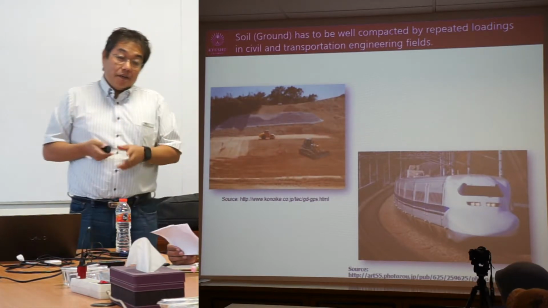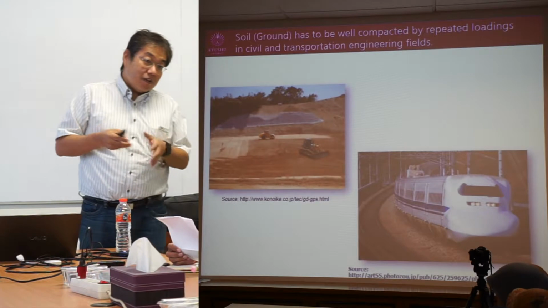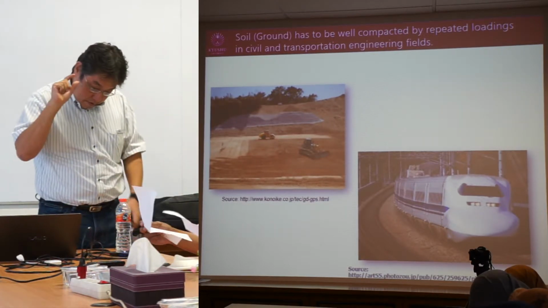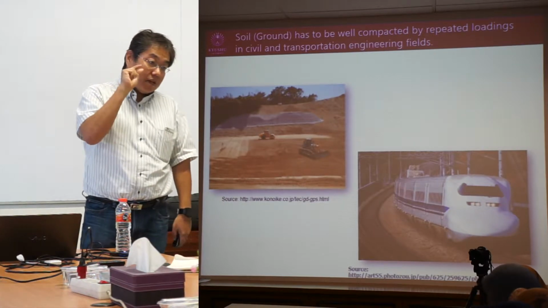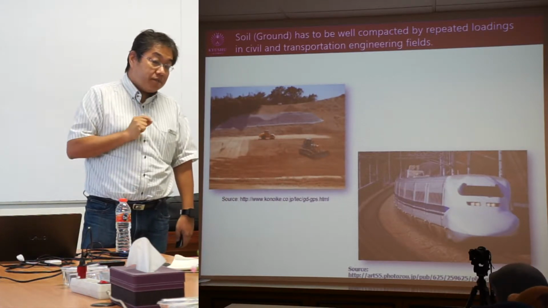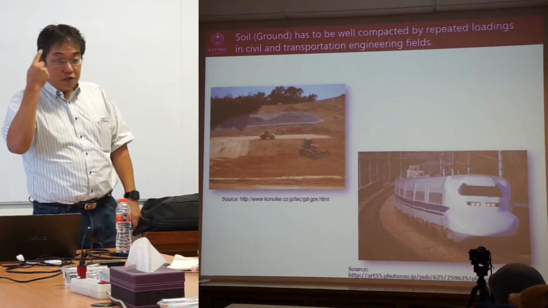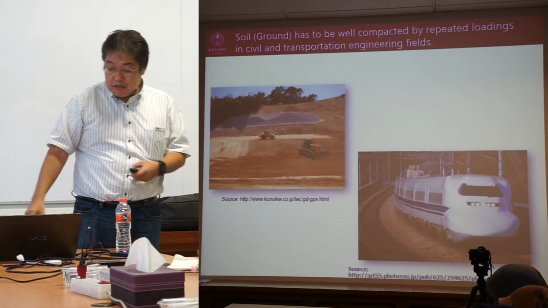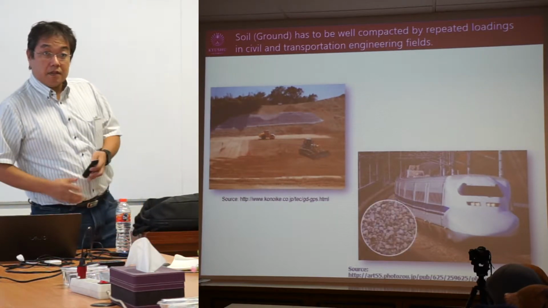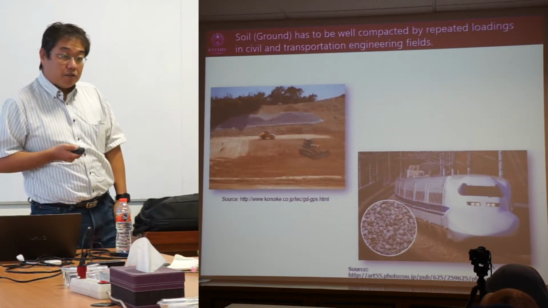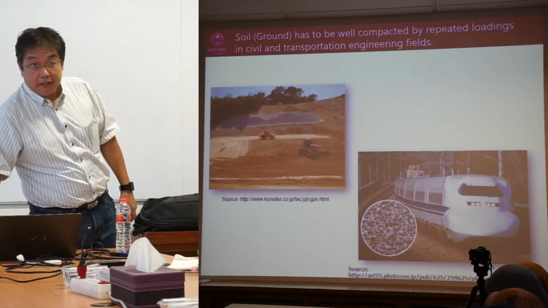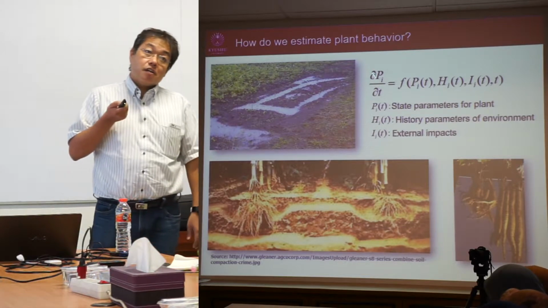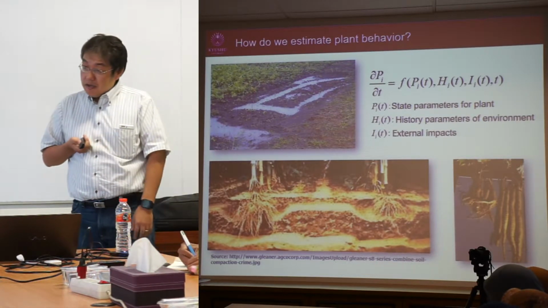So we have to control the settlement to a constant value. To estimate the compaction, we use numerical simulation. This is a ballast, which we call the rock mass of the train. So this is soil compaction.